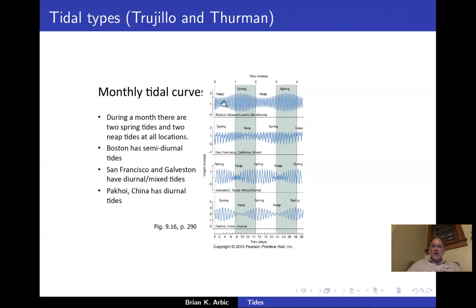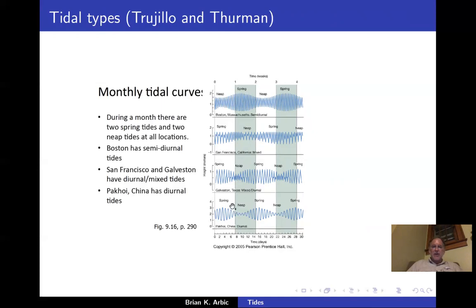So you have the neap tide and the spring tide, but here we also want to point out that basically there are 2 high tides a day and 2 low tides a day. And if you look at these high tides here and the low tides here, they don't look very different. And here too, these 2 highs next to each other, these 2 lows next to each other, they don't look very different.